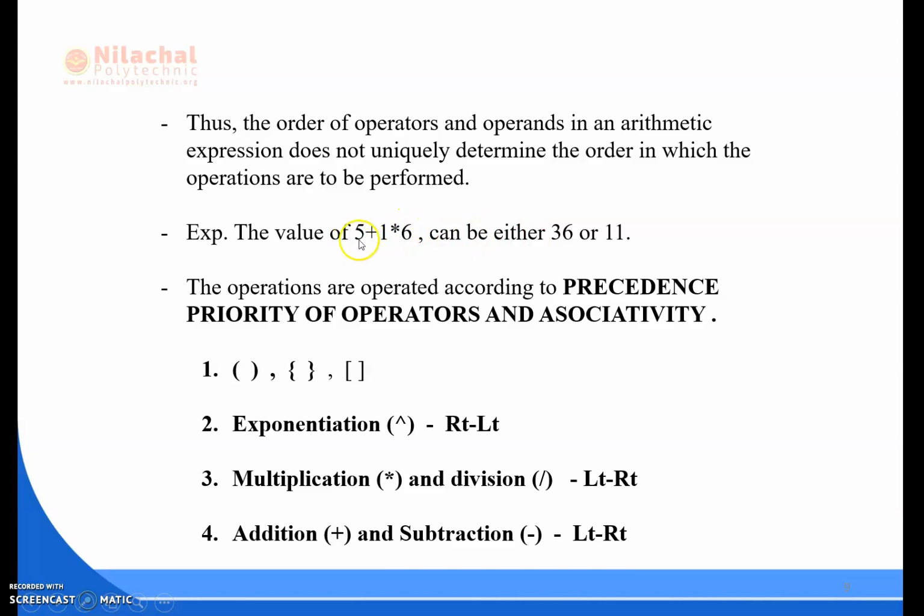If 5 plus 1 is in between the brackets, then the value would be 36, whereas if 1 multiplied by 6 is in between the brackets, then the value will be 11. So the expression is resolved according to the precedence priority of operators.